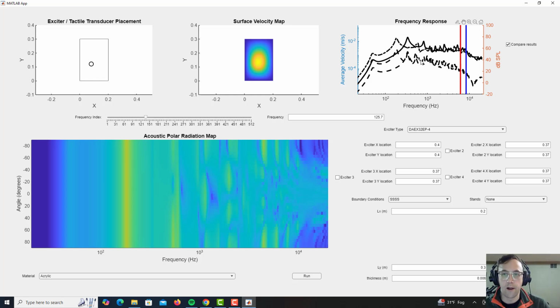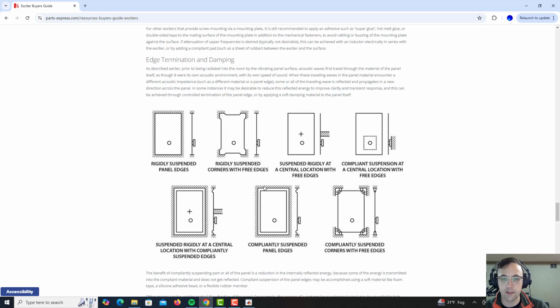Okay, so that's a comparison of simply supported versus rigidly supported. So next I want to do the compliantly suspended panel edges here versus compliantly suspended edges with the central support here. So comparing these two together.